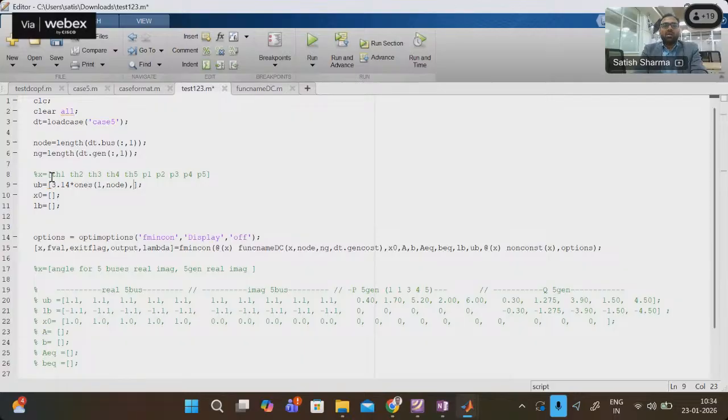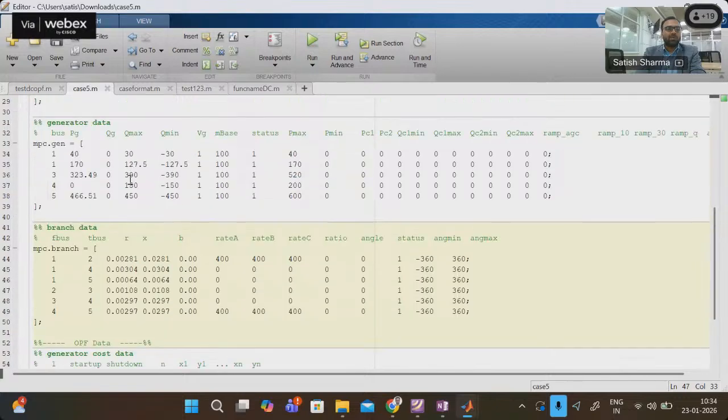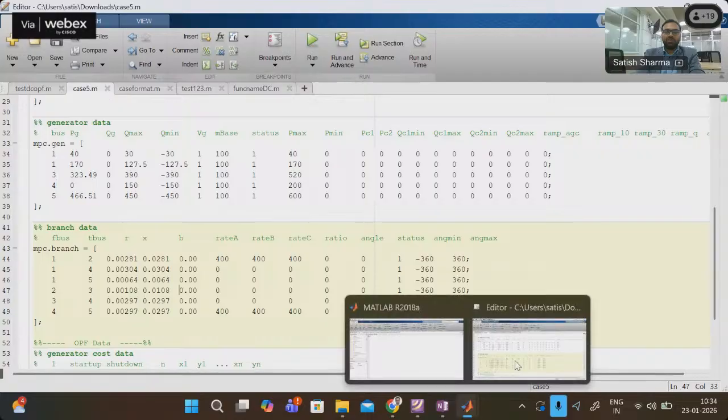Then comma, I have to define the maximum limit of P1, P2, P3. So further I have values P1, P2, P3. Let's see where it is. It is available in the generator data instead of bus data, and in generator data at the 9th column. So I can simply put that value here.